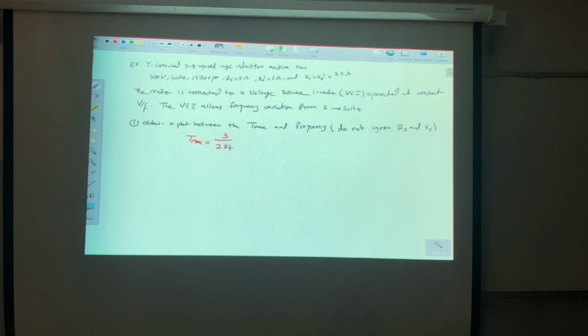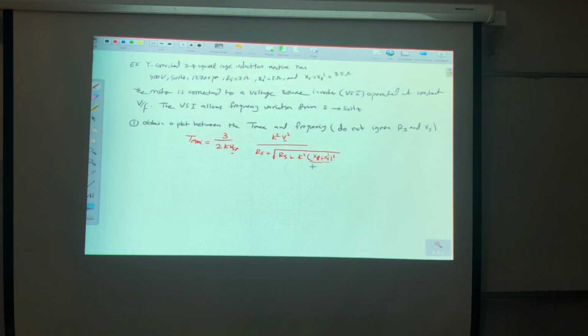Now I will put here K omega Sm, and this will be the rated value because I'm including K. Then here I will say K square V square, and this will be the rated value because already I modified the voltage according to K. Over Rs plus the square root of Rs squared plus K squared times XS plus XR dash squared, and those will be the rated values. Correct?